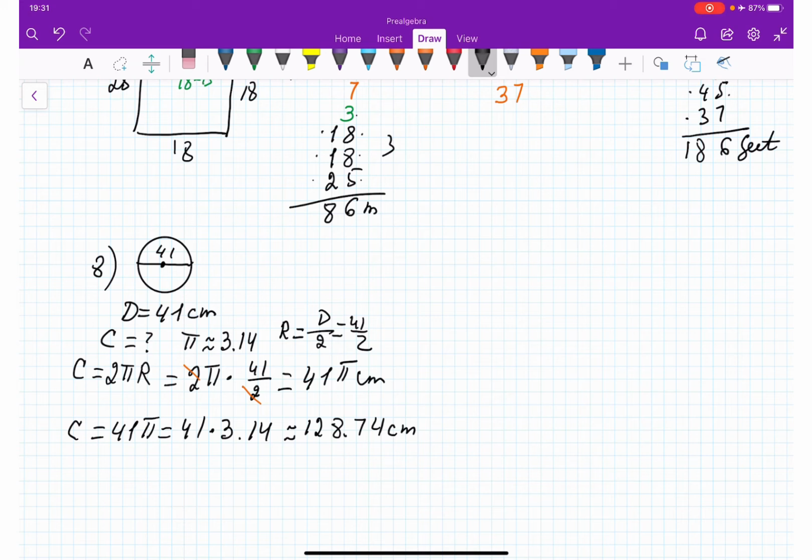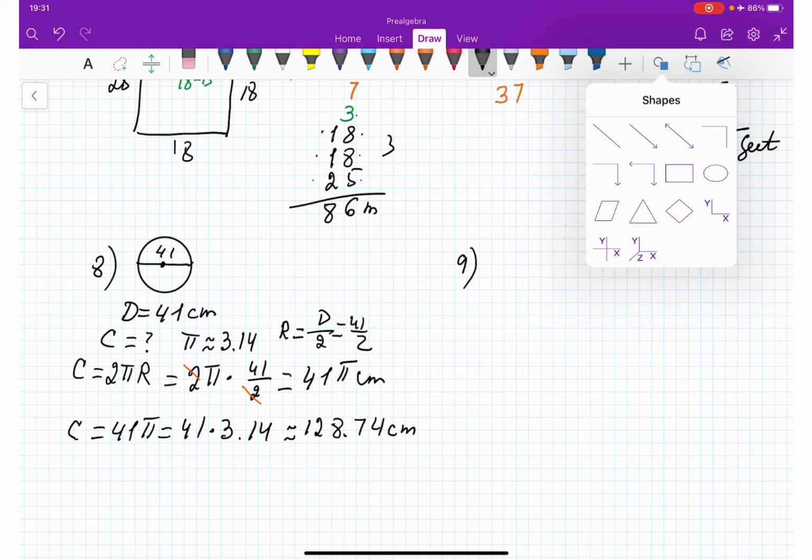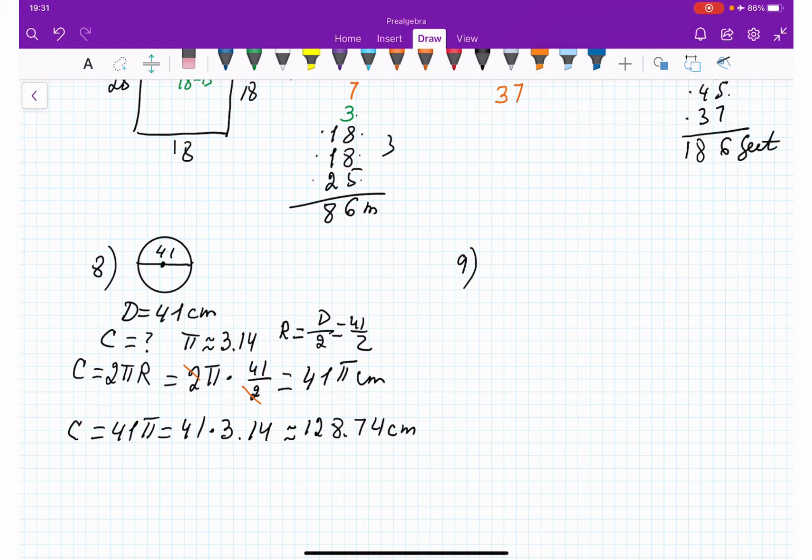Question number 9. Okay, finally we are changing the geometrical figure. We are going to work with a different geometrical figure. Find the area, all right? And we have this height is 7 yards.